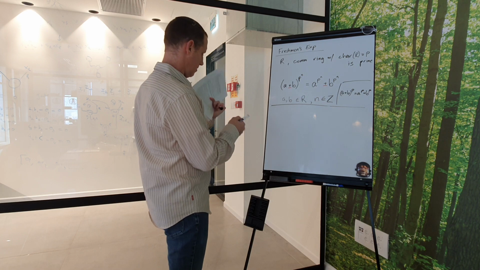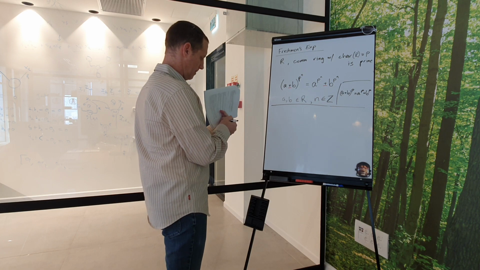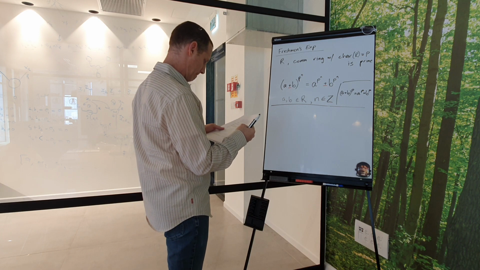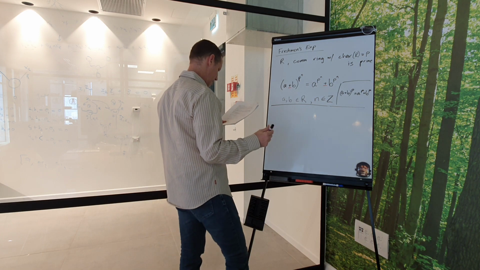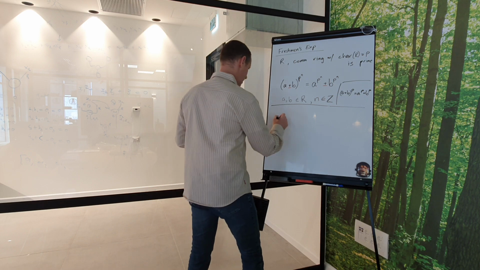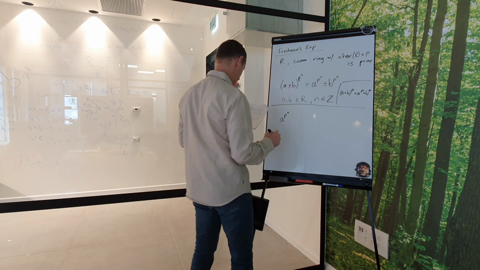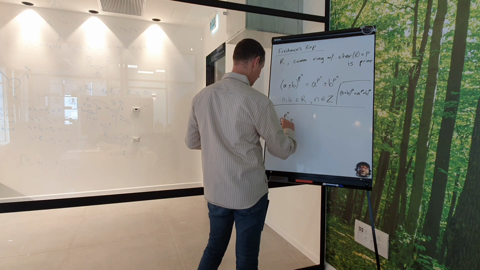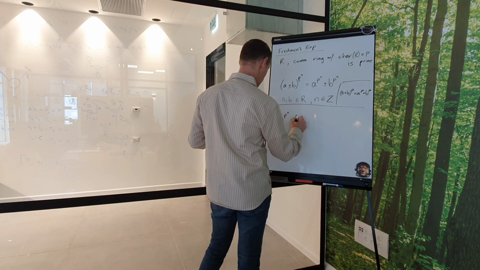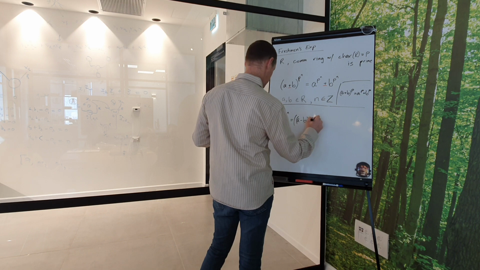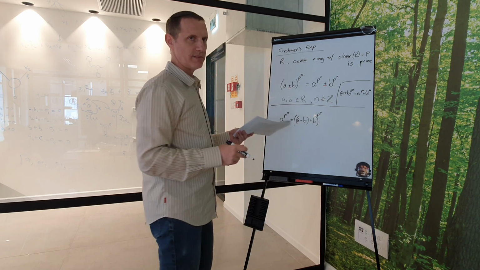And actually, what we do is we say the following. We say that a to the power p to the power n, and now we're just going to manipulate it, is a minus b plus b, all to the power of p to the power n. So I've done nothing.